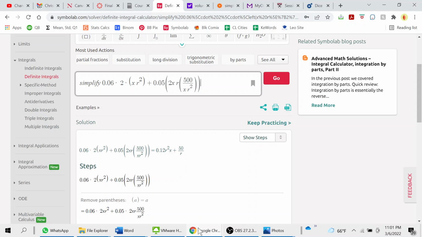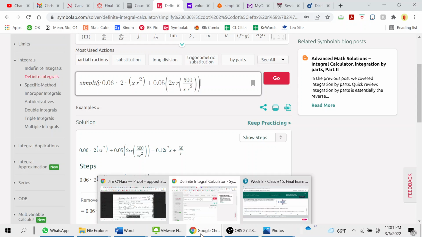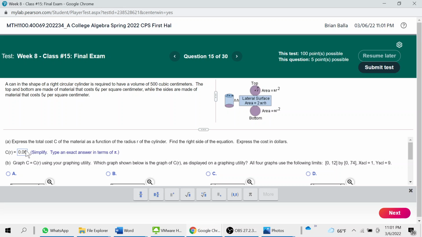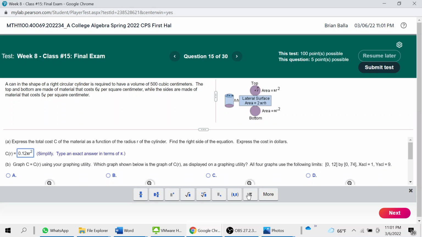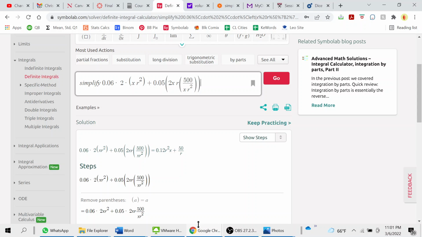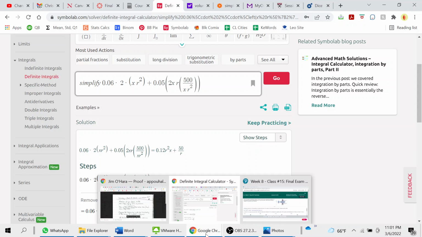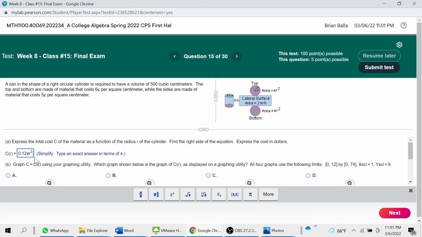Perfect. 0.12 pi radius squared plus 50 over r.